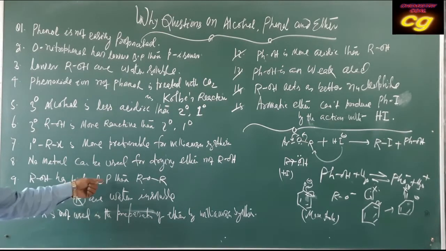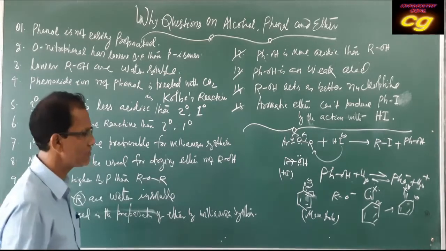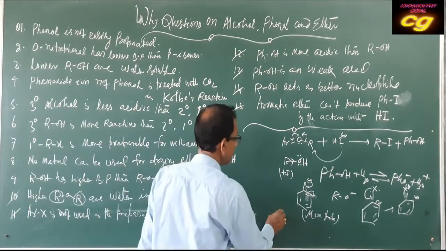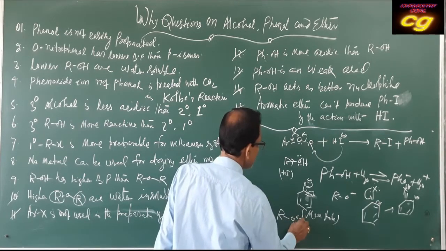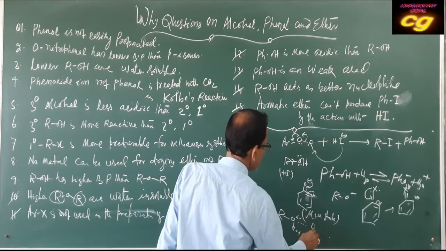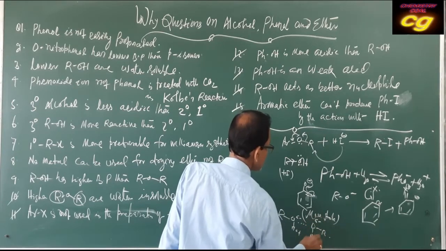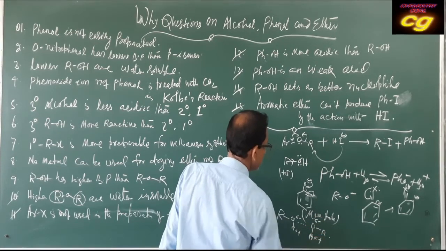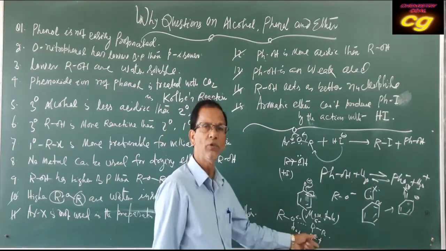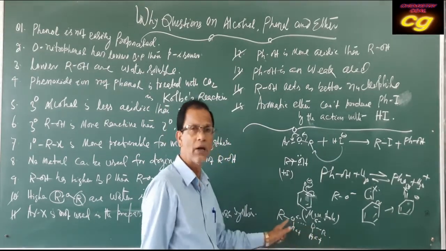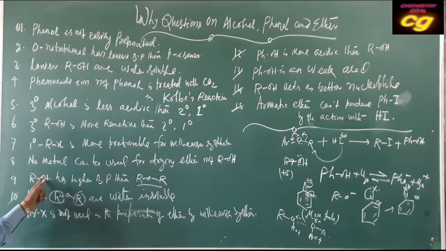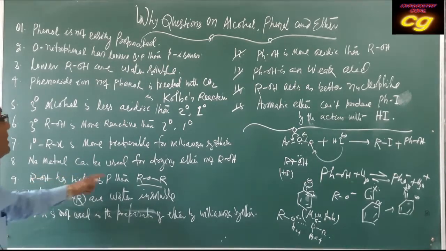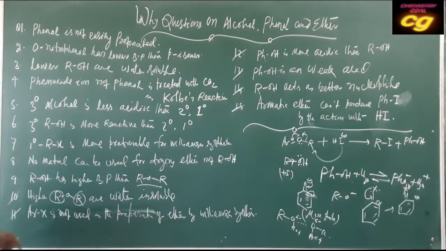Alcohol has a higher boiling point than ether because alcohol has stronger hydrogen bonding, delta minus, delta plus in O-H-R. Due to stronger intermolecular hydrogen bonds in alcohol, it has a higher boiling point compared to ether.